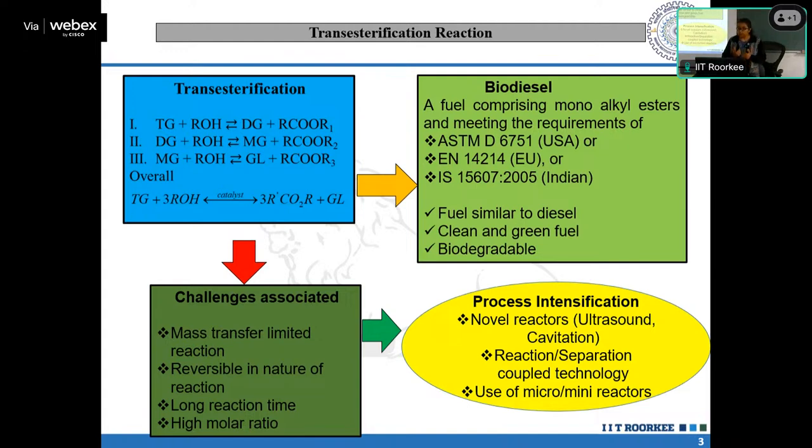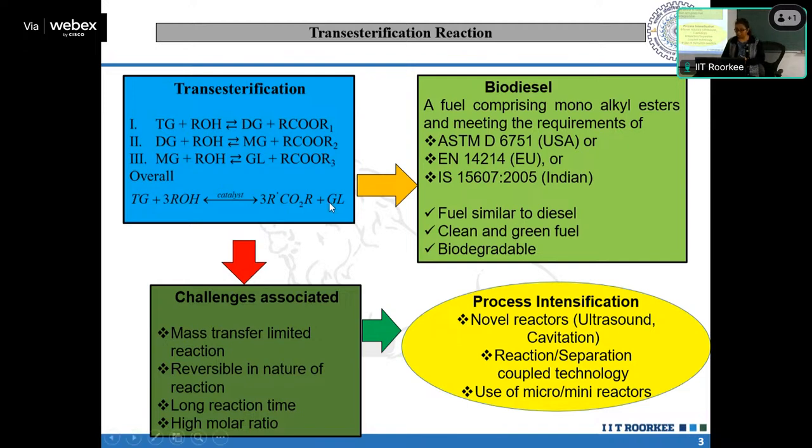Due to this high resistance of mass transfer, it takes a very long time to complete the reaction in biodiesel production. You typically take 2 or 3 hours, and the yield finally is very low. The products of this reaction are, of course, the monoalkyl ester, that is the biodiesel, and along with it some glycerol is produced.